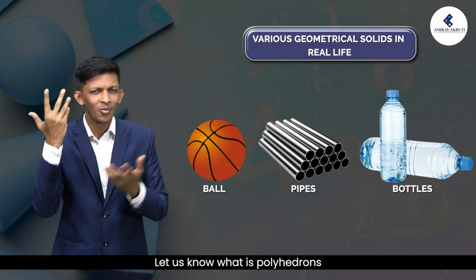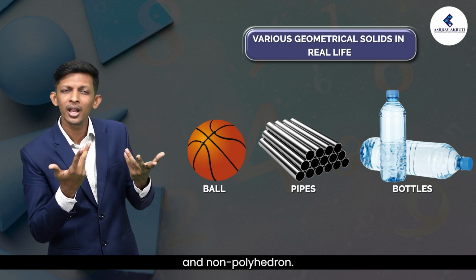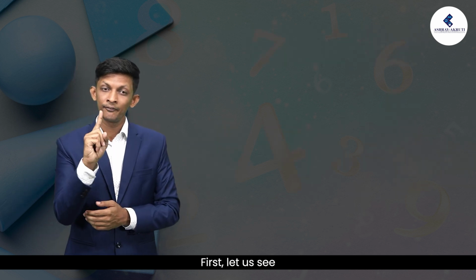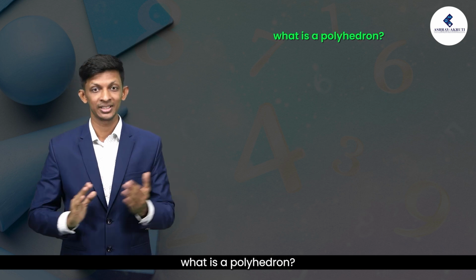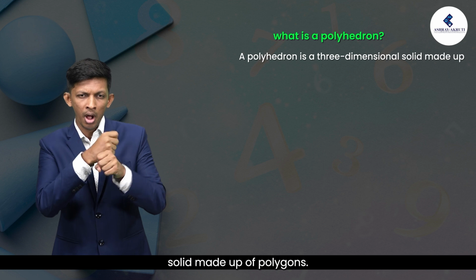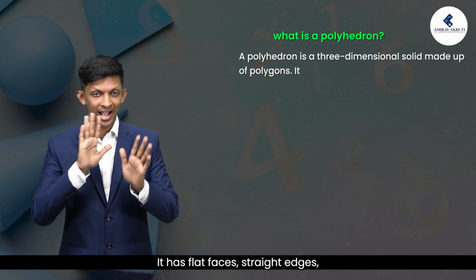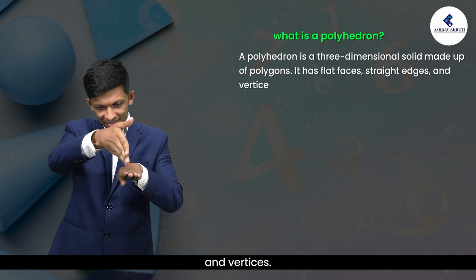Let us know what is polyhedrons and non-polyhedrons. First, let us see what is a polyhedron. A polyhedron is a three-dimensional solid made up of polygons. It has flat faces, straight edges and vertices.